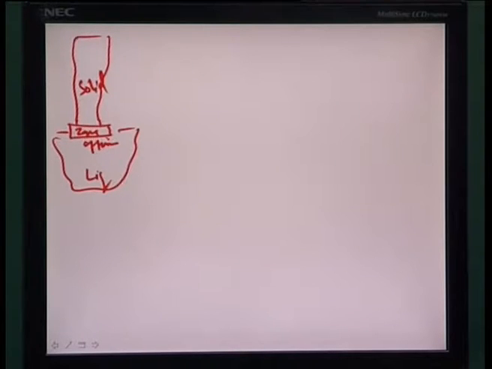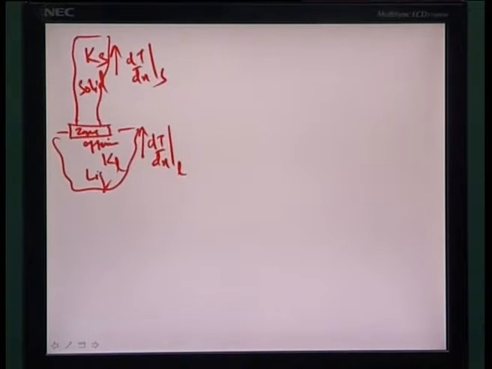Essentially you have properties Ks as the conductivity of the solid phase, Kl as the conductivity of the liquid phase, and let us suppose that you have different dT by dx. This we consider as that in the liquid phase, and this as that in the solid phase. So the total amount of heat flux across the zone of fusion would be equal to minus Kl times A dT by dx in the liquid phase.